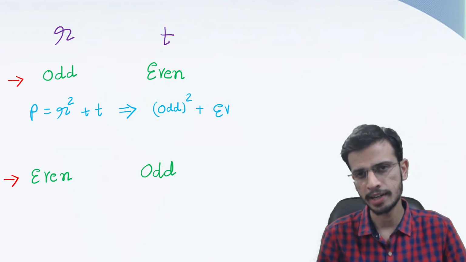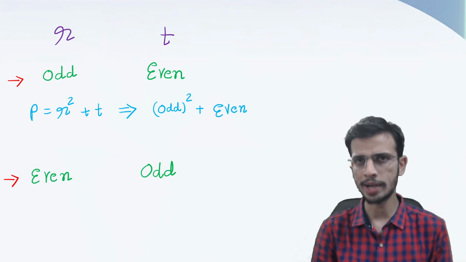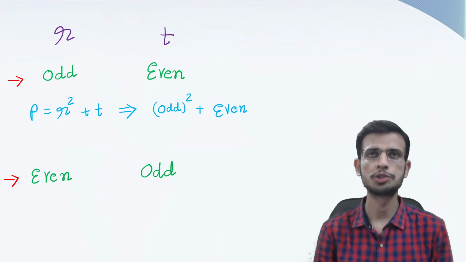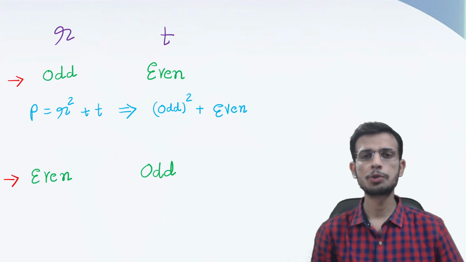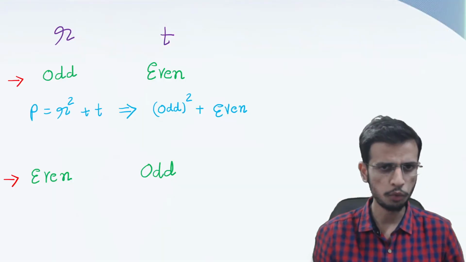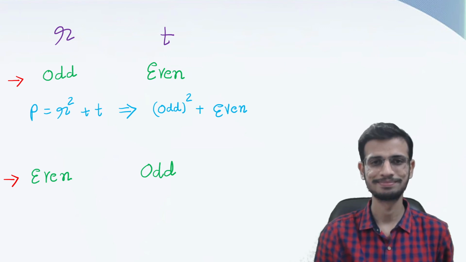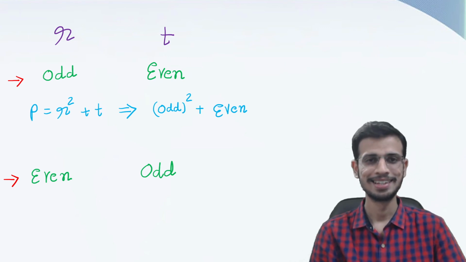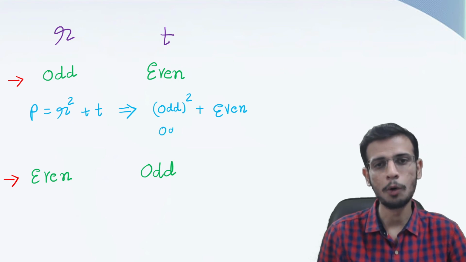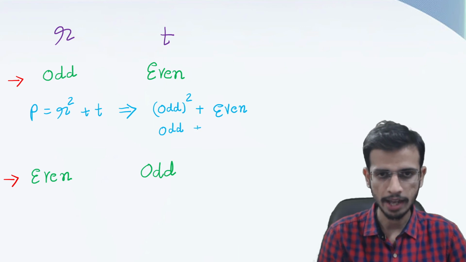If you take the square of any odd number, like the square of 3, that is 9, the square of 5, that is 25. So the square of any odd number will become odd only. Odd square will be odd, and even I am writing as it is.